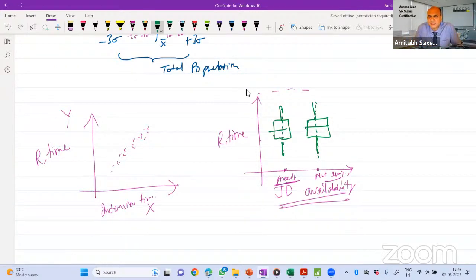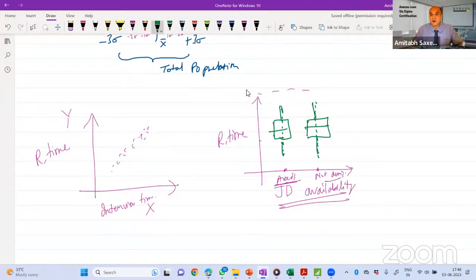That means job description availability doesn't really impact. It is available or not available, it doesn't matter. Recruitment time is not a function of job description availability. I hope you got the point.